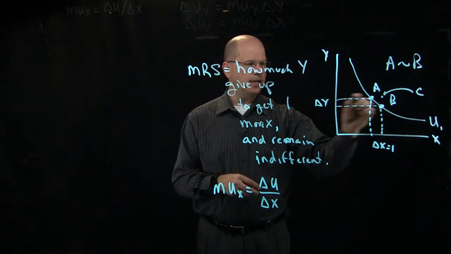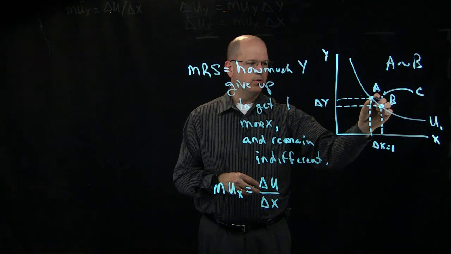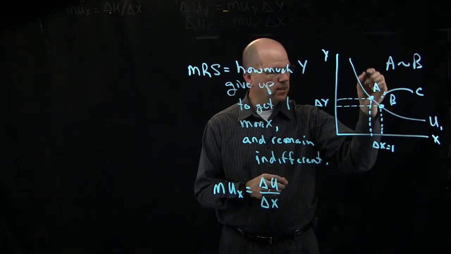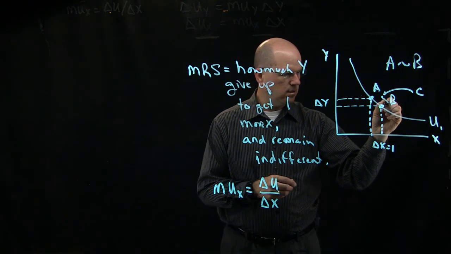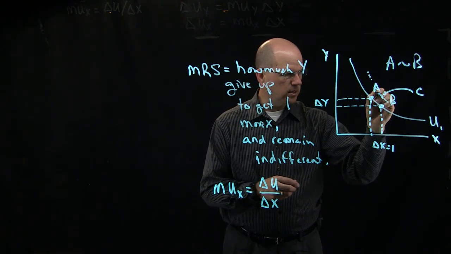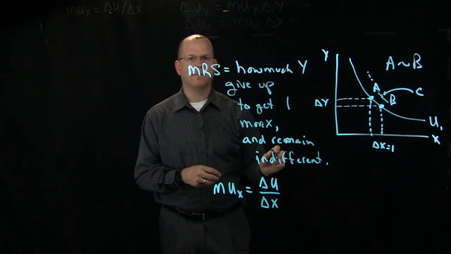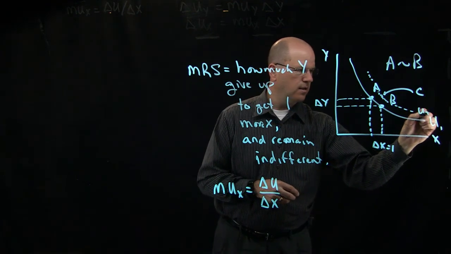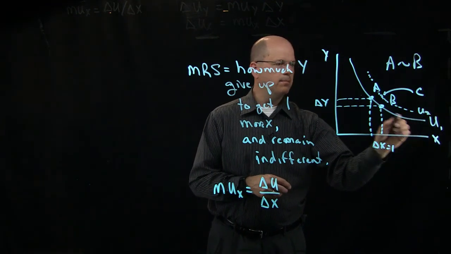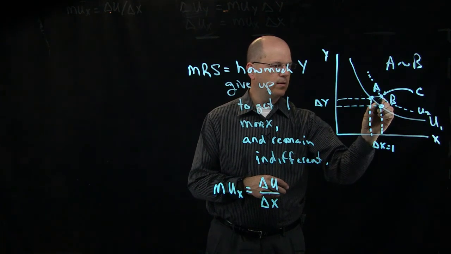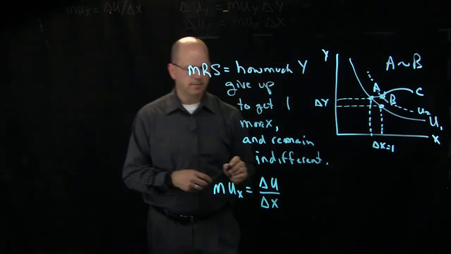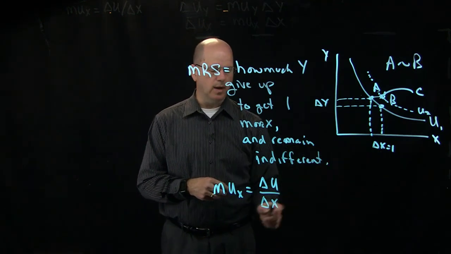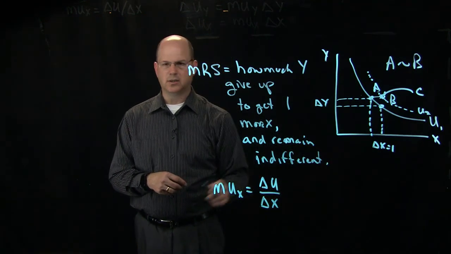Keep the same Y, and move only good X. So how much additional utility, there's an indifference curve that runs through here, it just makes things messy if I draw it. How much utility is gained by moving up to point C, okay? And that would be the marginal utility. And what's our change in good X? We said that was 1. And so for this one, it's only change in utility.